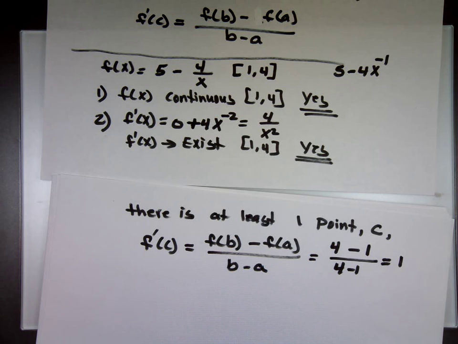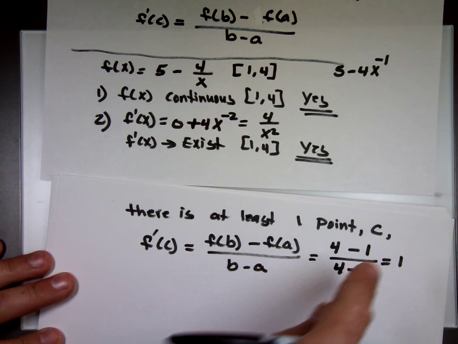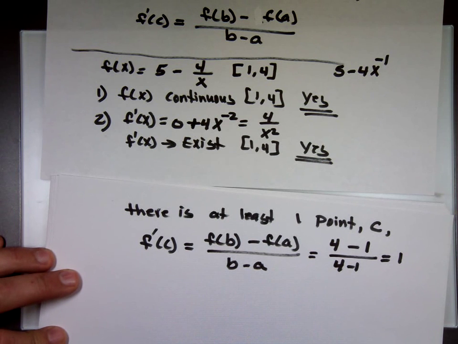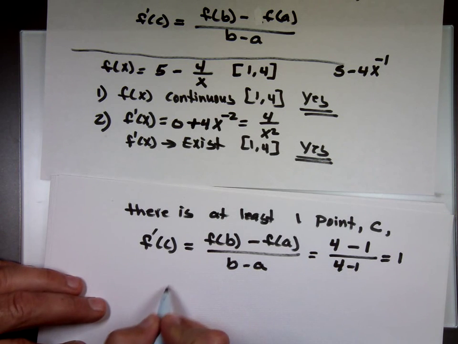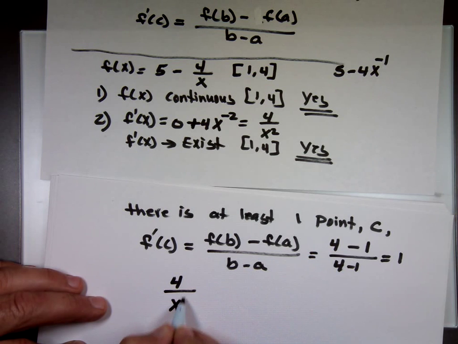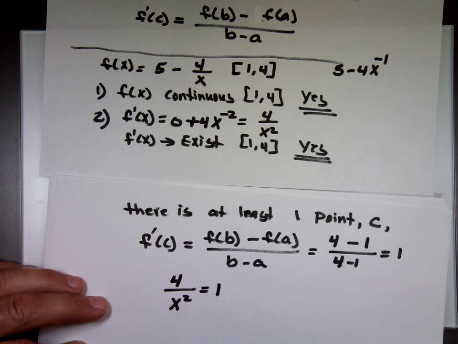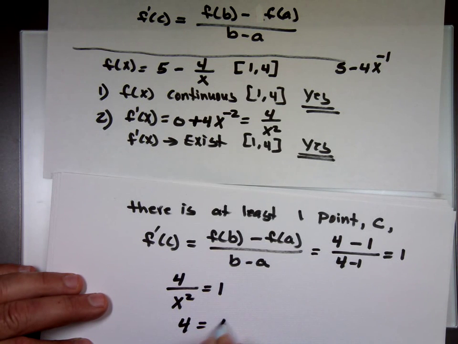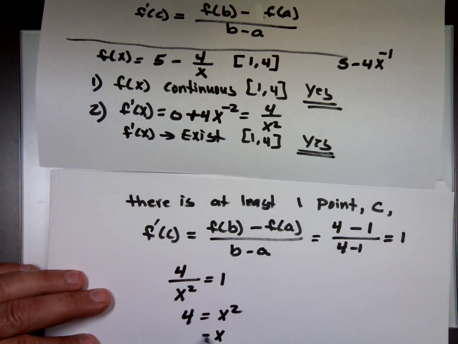So they're saying there has to be at least one point between 1 and 4 where the derivative will equal 1. Let's take the derivative now, set it equal to 1, and solve for x. Four equals x squared. X will be plus or minus 2.